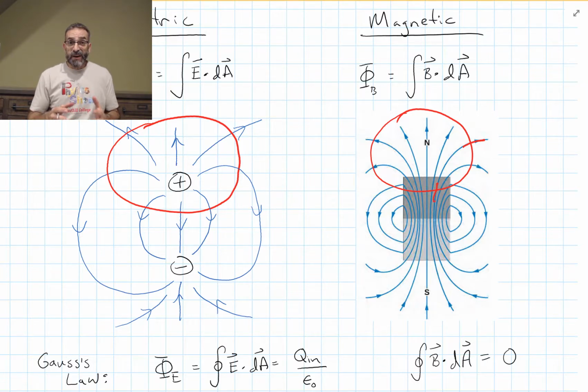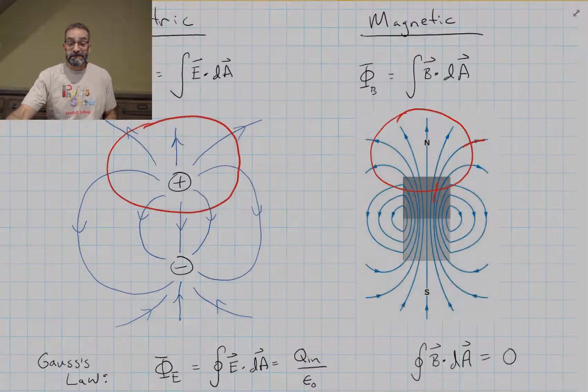We like to say there are no magnetic monopoles. You cannot find just a north pole or a south pole by themselves. So Gauss's law for magnetism, the fact that there are no magnetic monopoles, or another way of saying that the integral of B dot dA around an enclosed surface is 0, is really a result of observation.